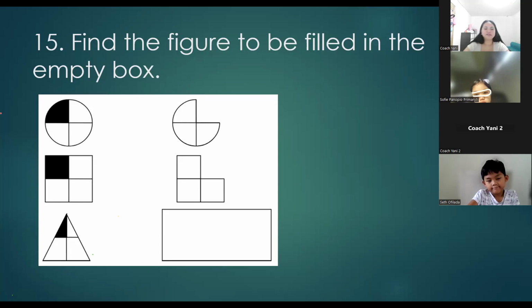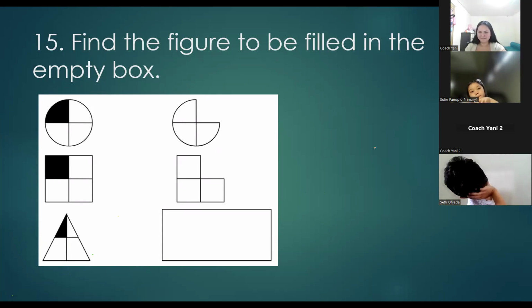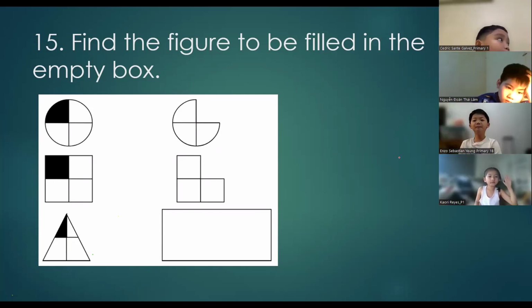Okay, how about this one? Find the figure to be filled in the box. Sophie, what is the pattern here? I can't hear. How about Kauri?